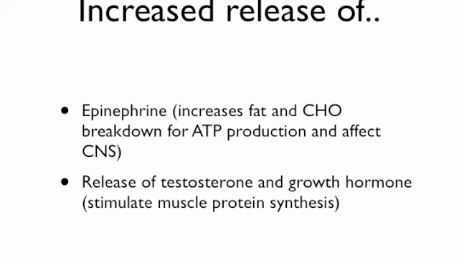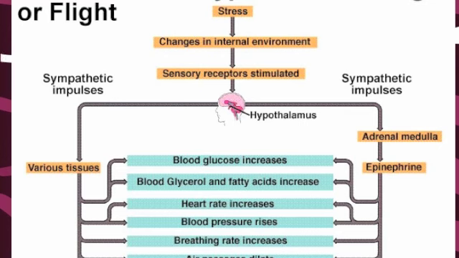And we also see with bouts of exercise an increased release of testosterone and growth hormone, and these are going to stimulate synthesizing protein in our muscle. However, this just shows some of the effects of epinephrine that we just talked about.